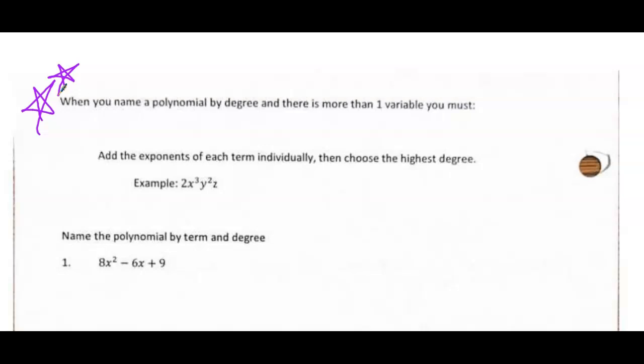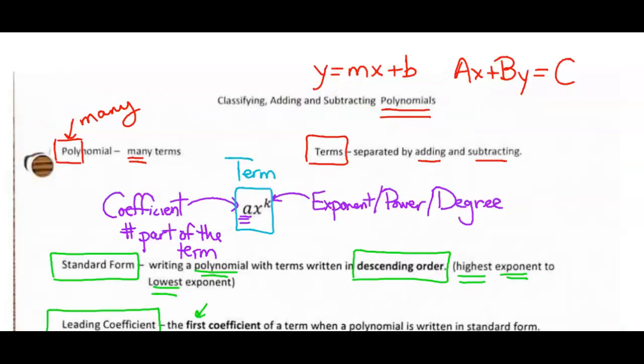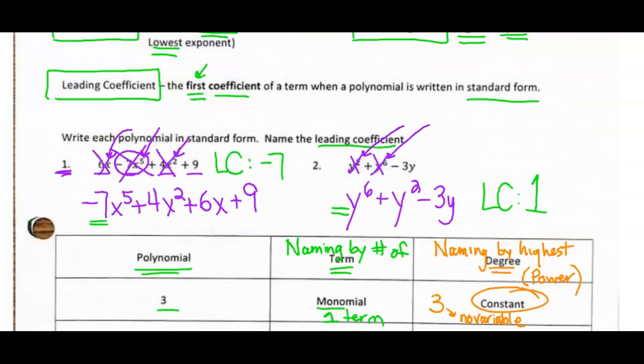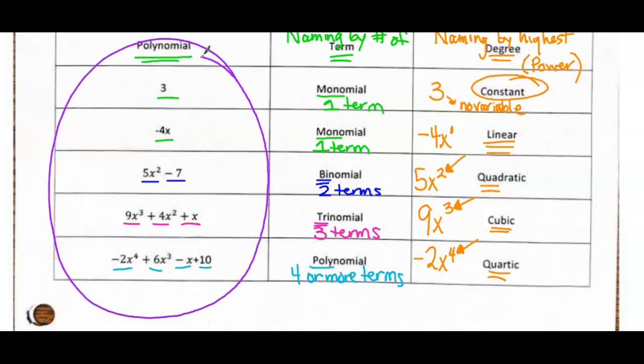This says when you name a polynomial by degree, and there is more than one variable. Well, I'm going to go back for a second. We go back to this chart at the bottom. There is only the variable x. All of these only have one variable, the variable x.